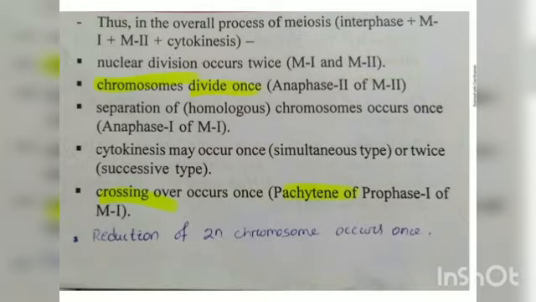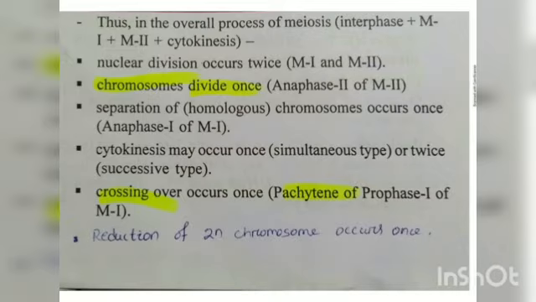So this is the importance of your kinetochore. It causes the separation of alleles, allele means your paired chromosome, and reduction in the number of chromosomes. And that occurs in meiosis I. And during meiosis II, it causes the division of chromosomes. Okay, we have already seen the anaphase II of meiosis II.